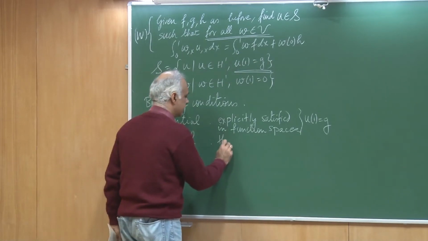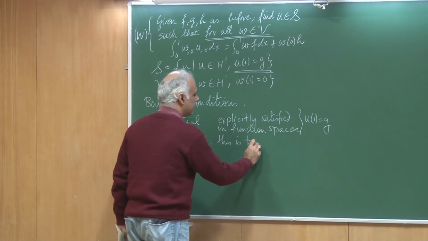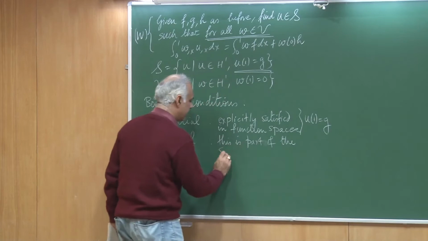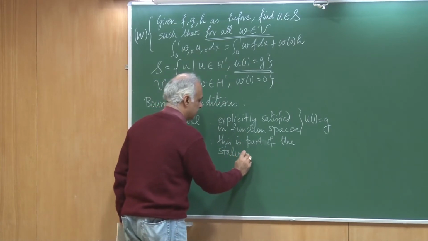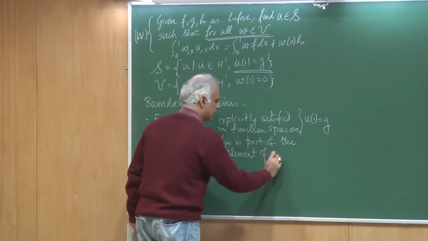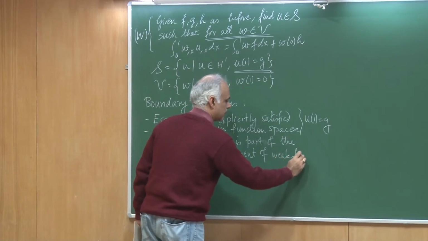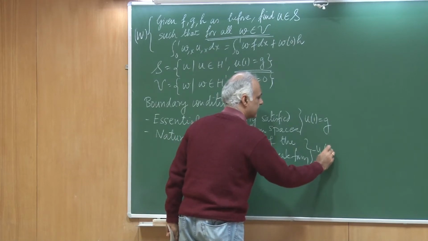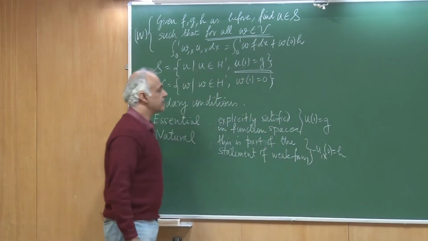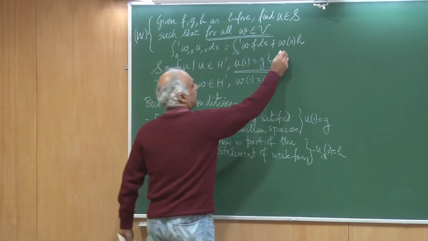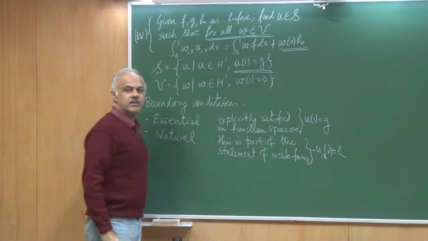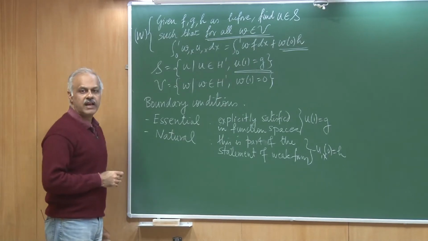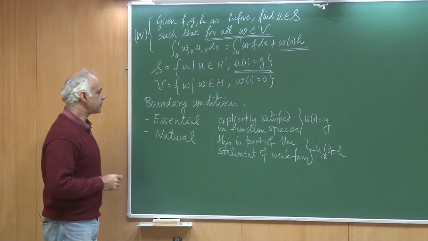This is part of the statement of the weak form. So, this is minus u comma x at 0 is h. You can see that this is built into the statement of the weak form, and we will show that very shortly. Okay. All right.